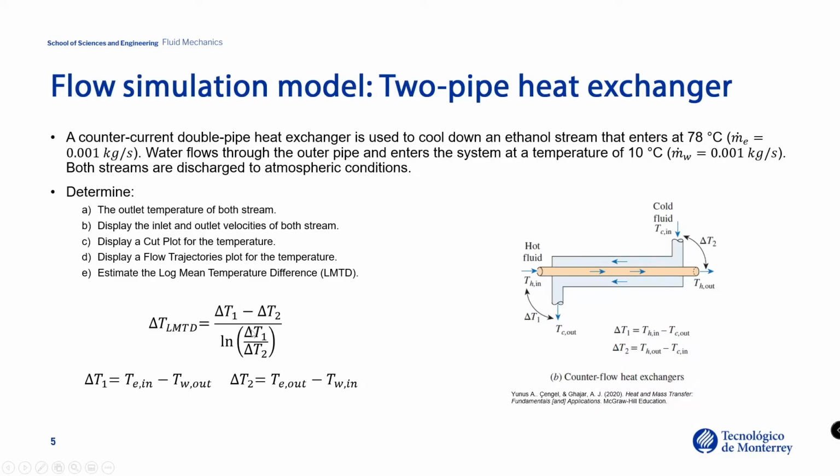Now we have to set up this equation as a goal. So we're going to define this equation, delta T1 and delta T2, and finally we'll define the logarithmic mean temperature difference.